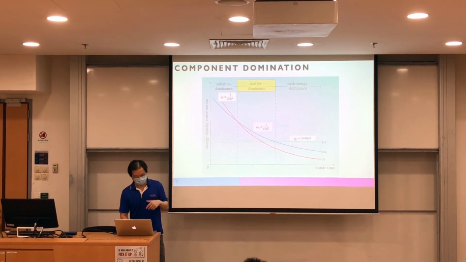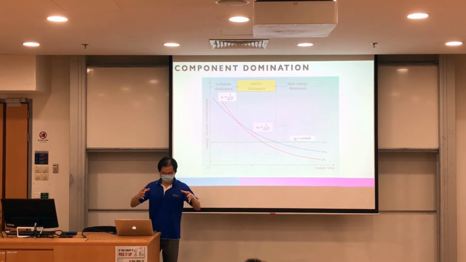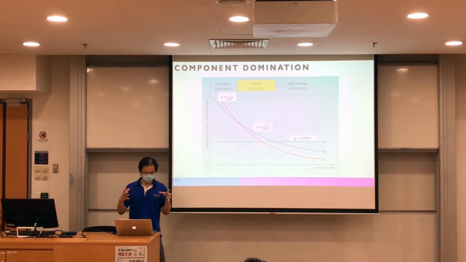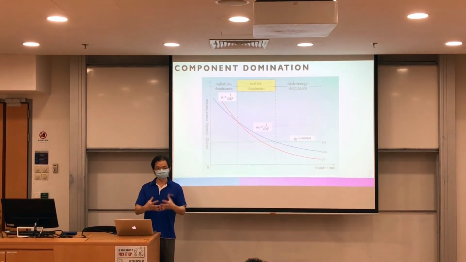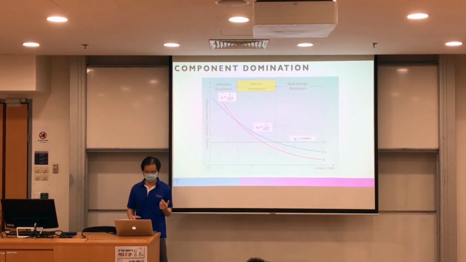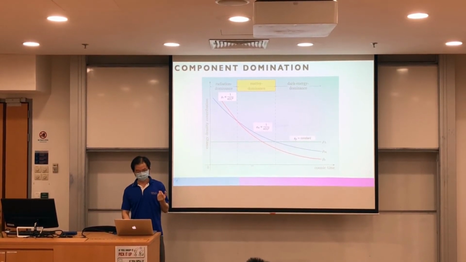Then after that, the matter component will dominate the behavior of the universe. Matter component means galaxies and dark matter. Then when the universe gets very old, dark energy will dominate because the other densities have decreased so much.